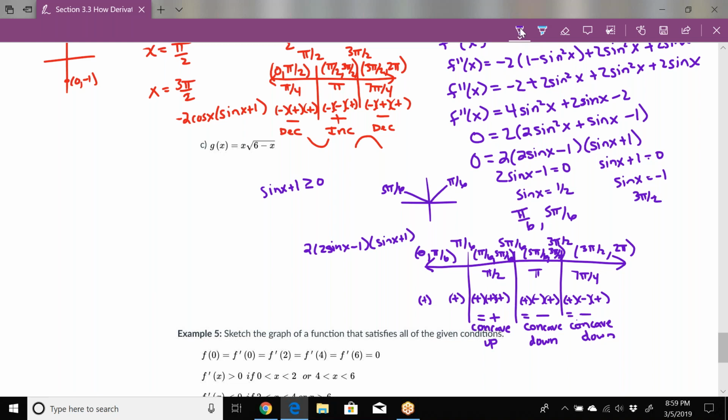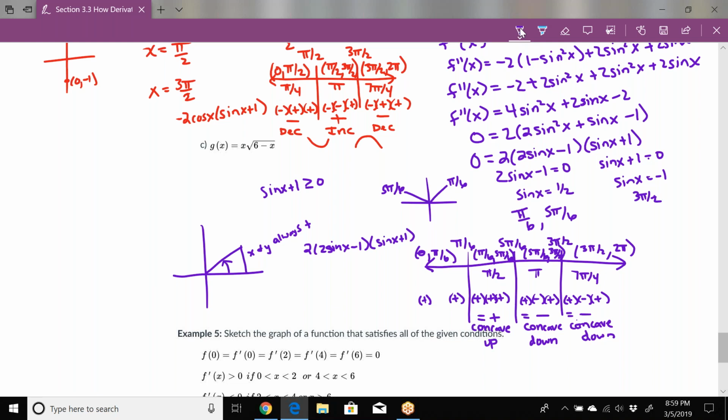This was 0 to pi over 6. So if you imagine 0 to pi over 6, what are our values doing here? Well, from here to here, x's and y's are always positive, so sines and cosines are always positive here. So when we think about this, we're saying, what's happening in this specific region?